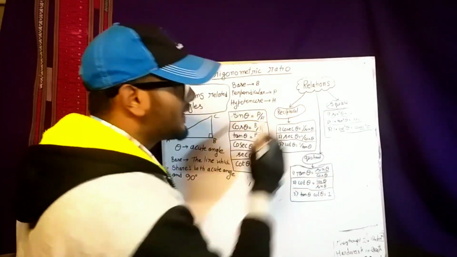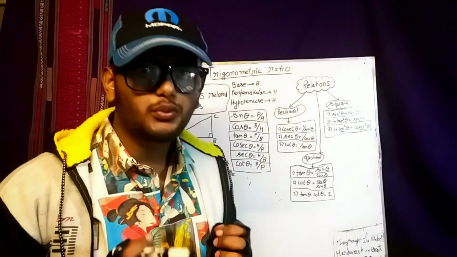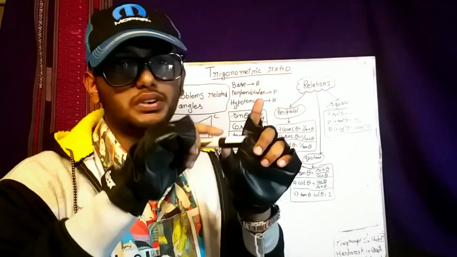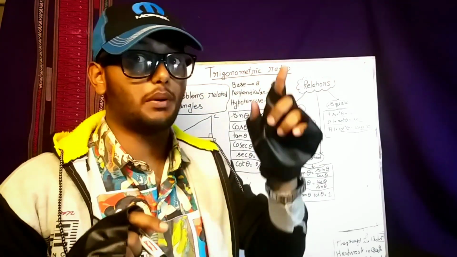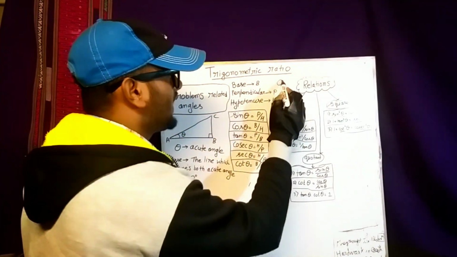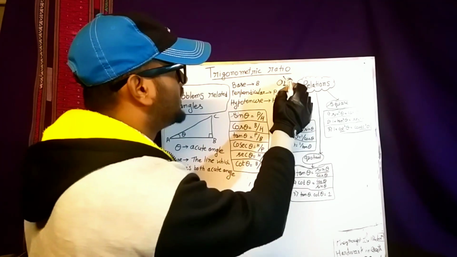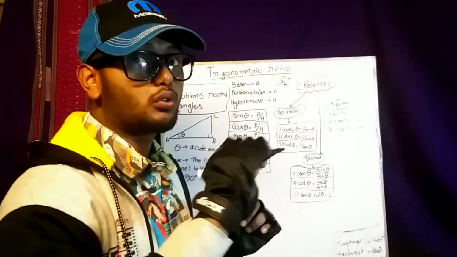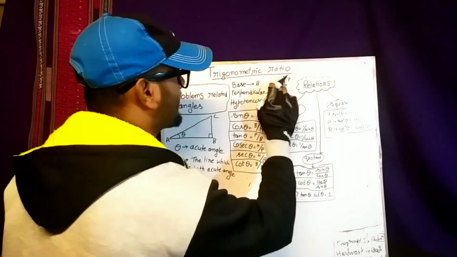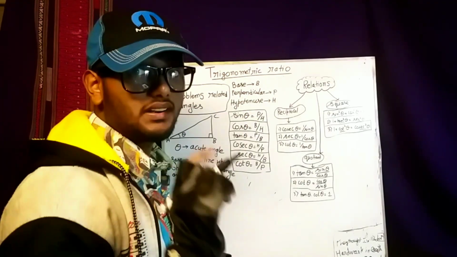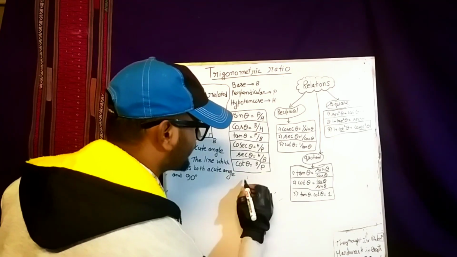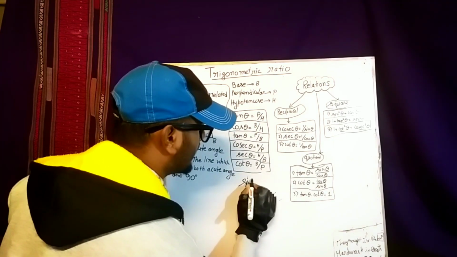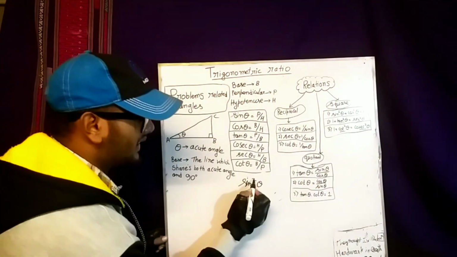Okay. Now square relations. What does square relation mean? Square relation means any term which has a whole square in the power, like a square, b square. This means a square has a power of 2. But remember that in trigonometry, sin square theta, we are writing the square here.